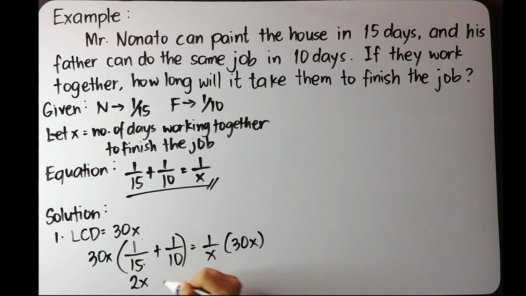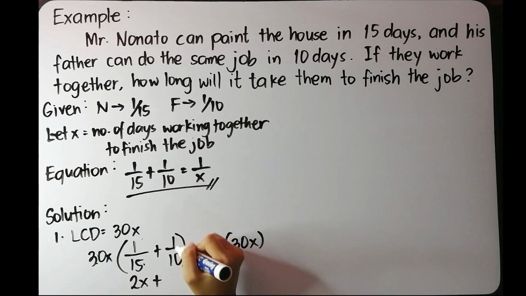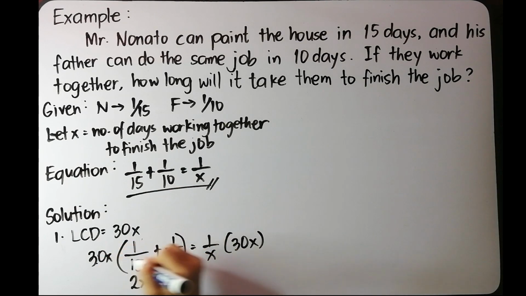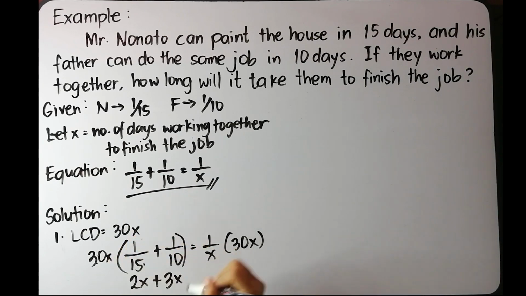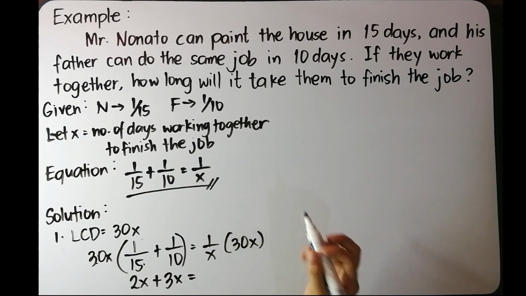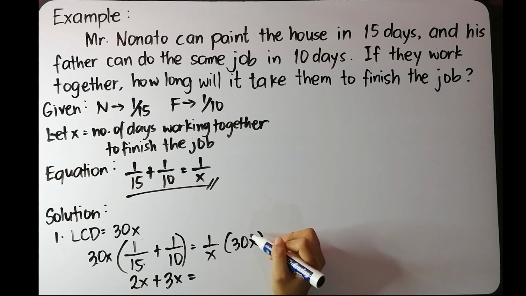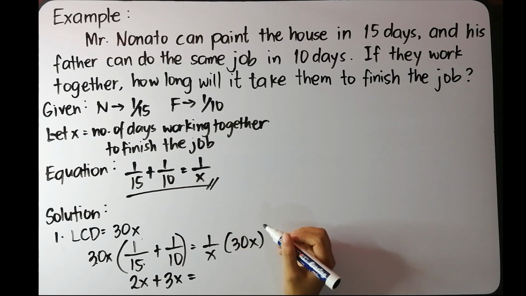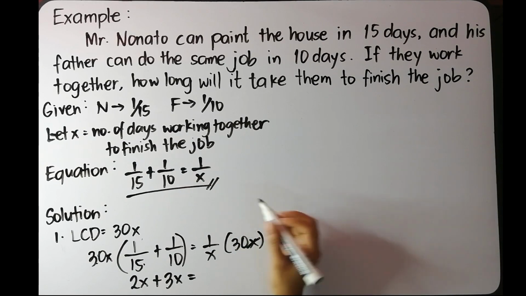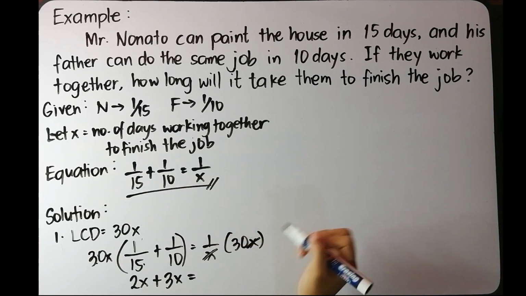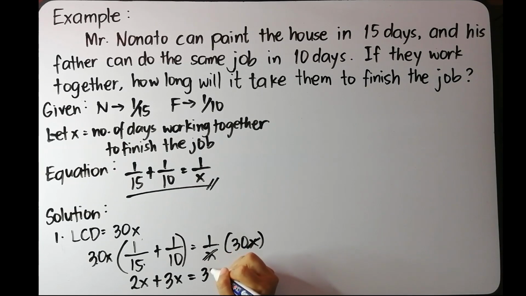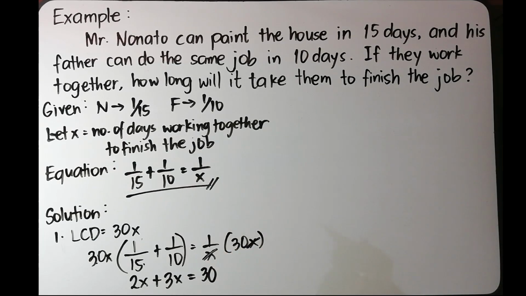Then we have plus 30x times 1 over 10. 30 divided by 10 is 3, then we have x, 3x. Equals 30x times 1 over x, meaning we're dividing 30x by x. So we have x cancelled because x over x is 1. What is left is 30.